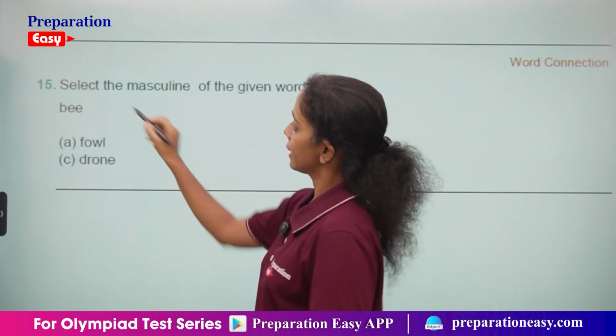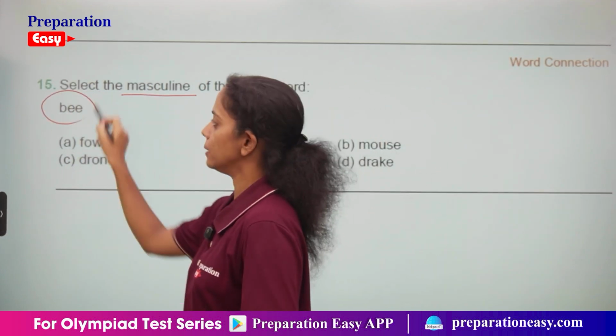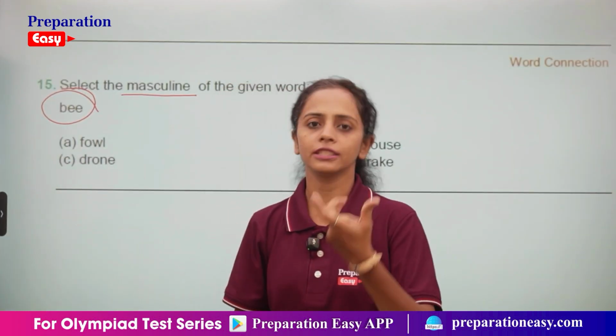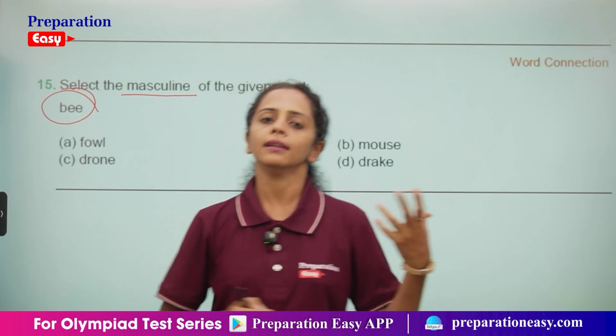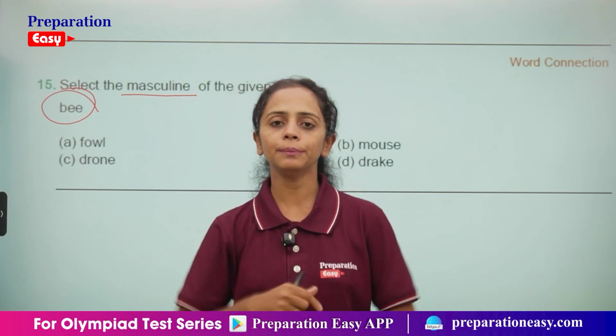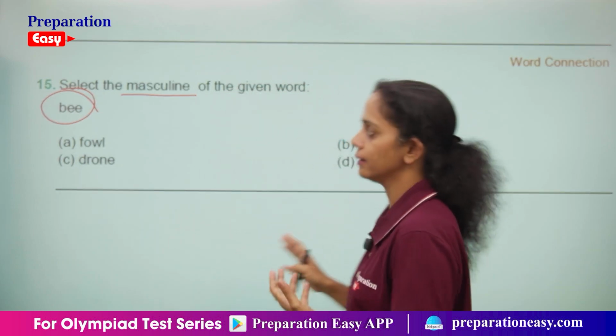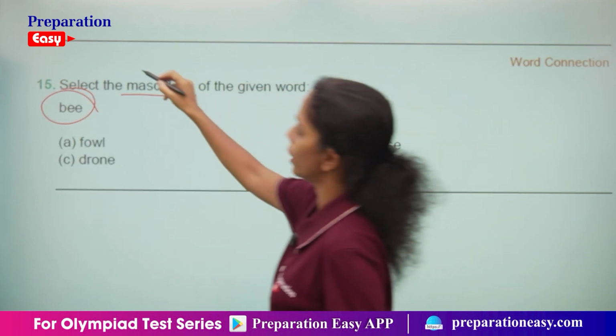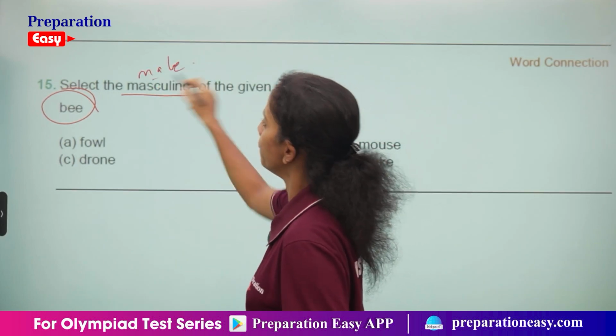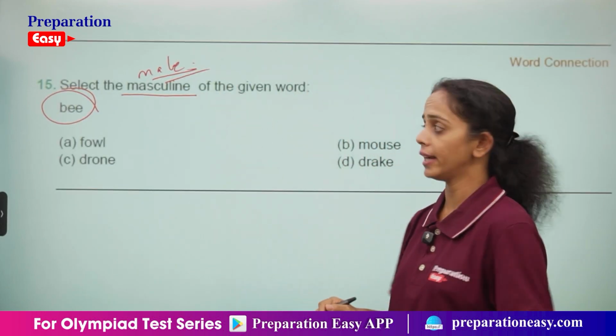Next is the keyword masculine of bee. Bee is again a common gender. Under it there come different kinds of bees like honey bee, like carpenter bee. These kinds of bees come in the category of bee. Over here you again have to find the male version or male gender of bee.